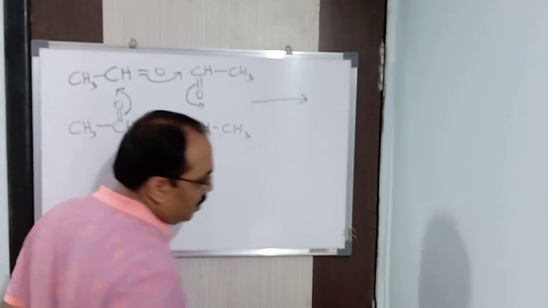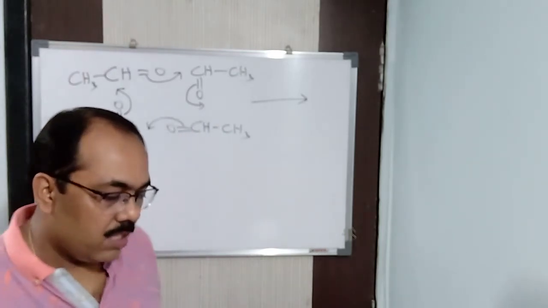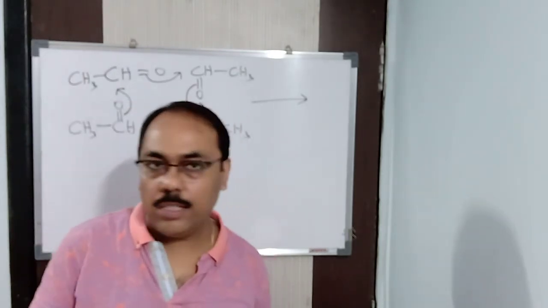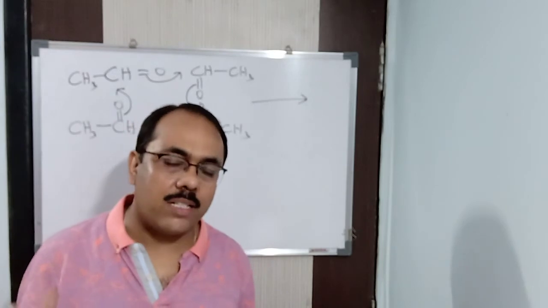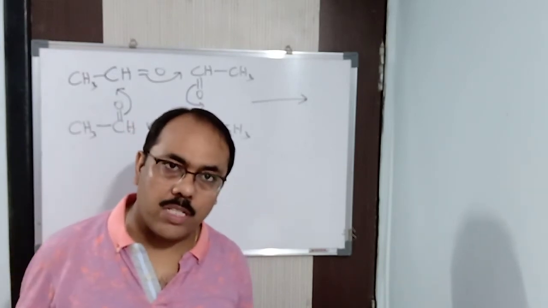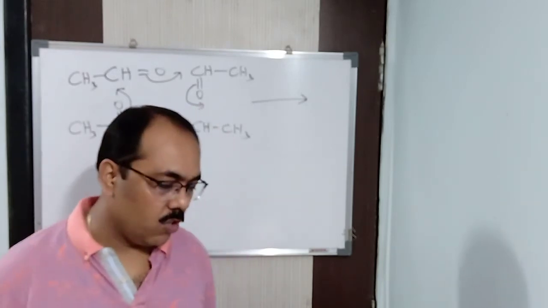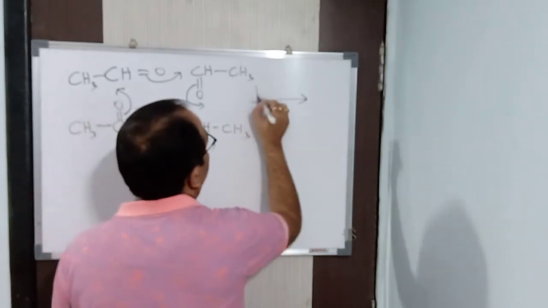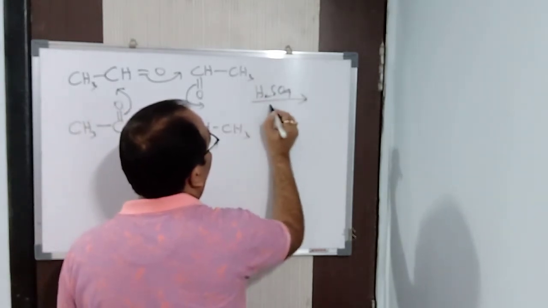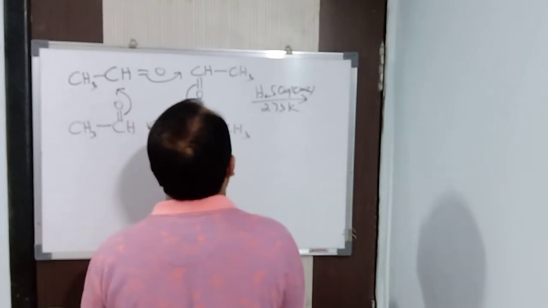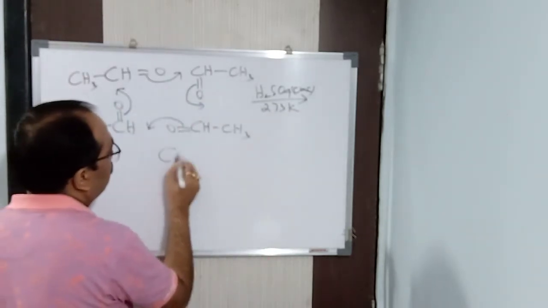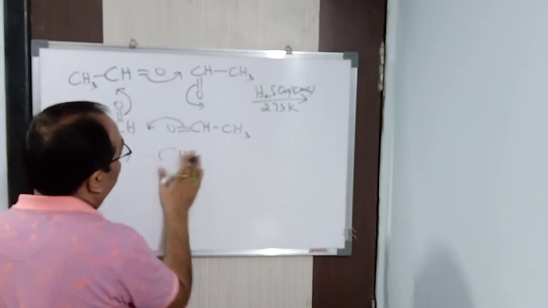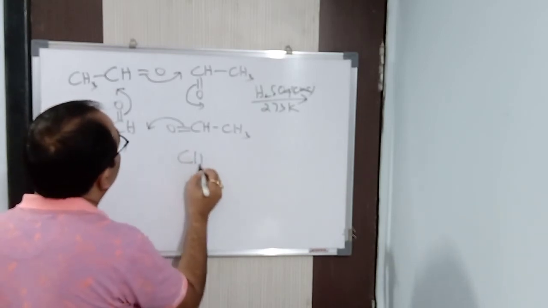So what is the condition? When 4 molecules react with concentrated sulfuric acid, not at room temperature but below it, at 273 Kelvin, that is 0 degree centigrade. Same concentrated H2SO4, but the temperature is 273 Kelvin. So this polymerization reaction takes place. Let me write CH first.